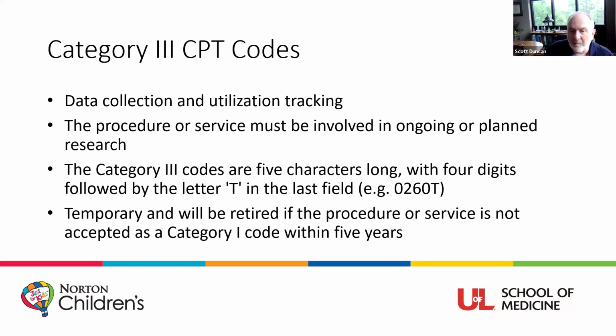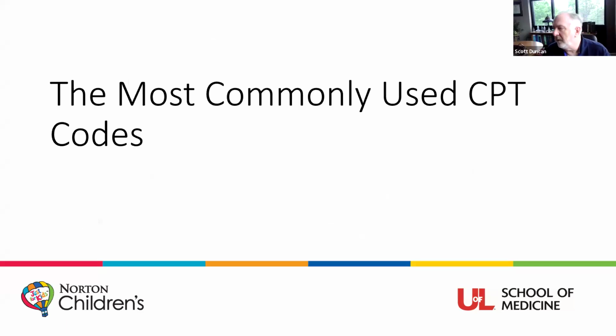That's got to be 10 years or more ago. We used that code for several years before they converted it to a category 1 code. So these are temporary. They're retired if the procedure or service isn't accepted as a category 1 code within 5 years. And that code was accepted as a category 1 code. I don't remember if I have any examples in here for cooling, but I'll at least mention it as we get into things a little bit further.